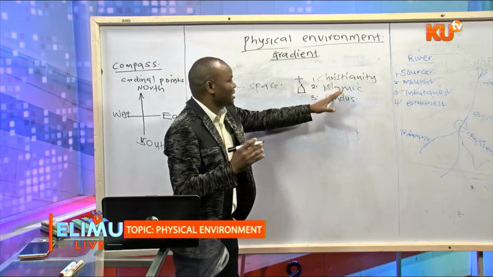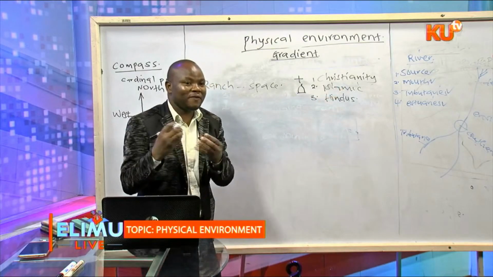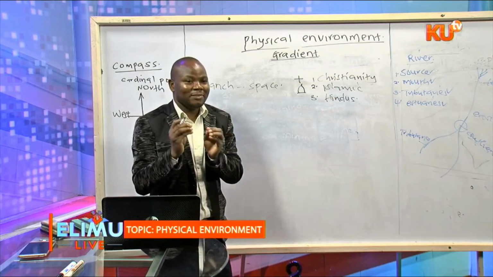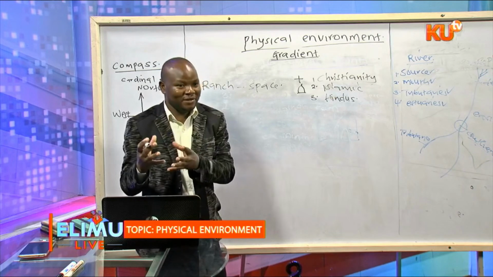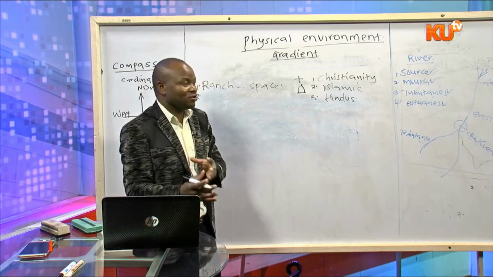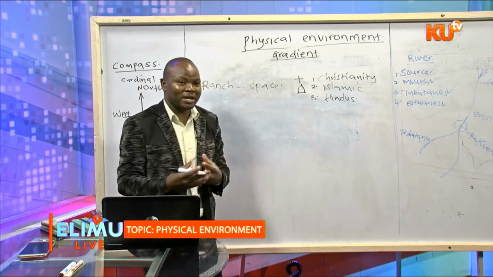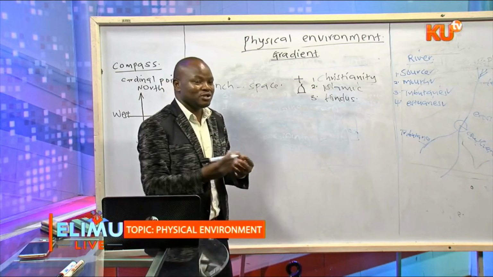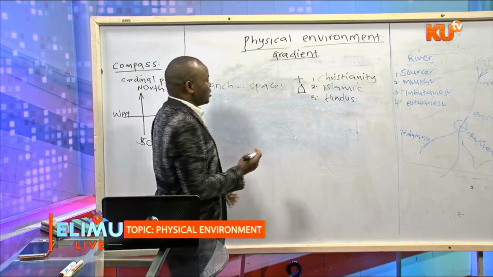Of course, the Muslims like to worship on Friday. That is most times the convenient day for them to worship. Of course, there is a reason for that, and there is also a reason why the Christians worship on Sunday and the SDA worship on Saturday.